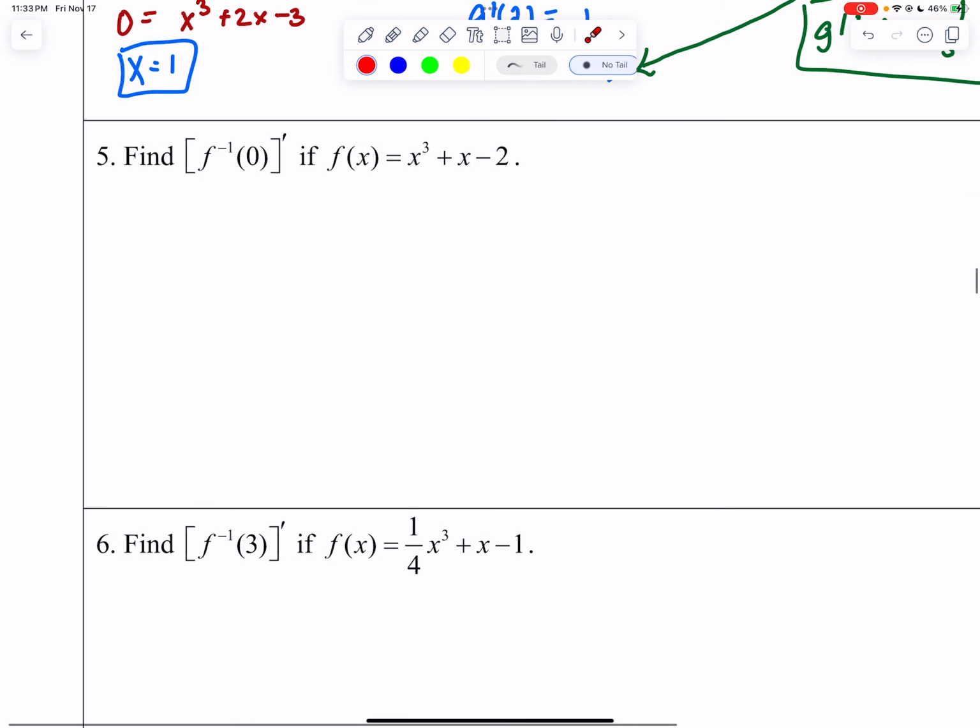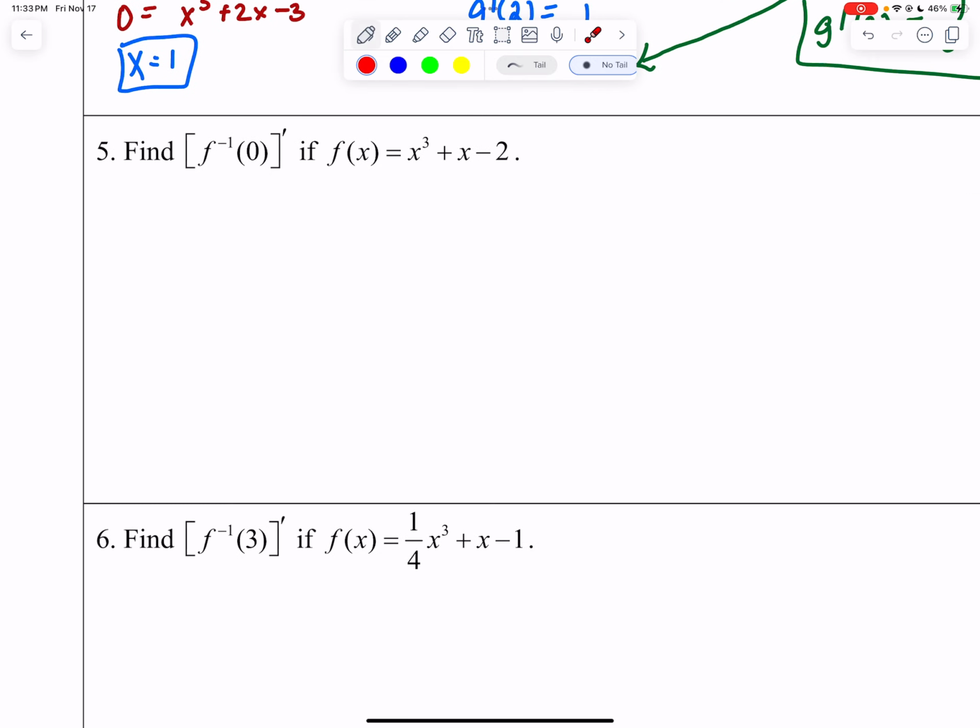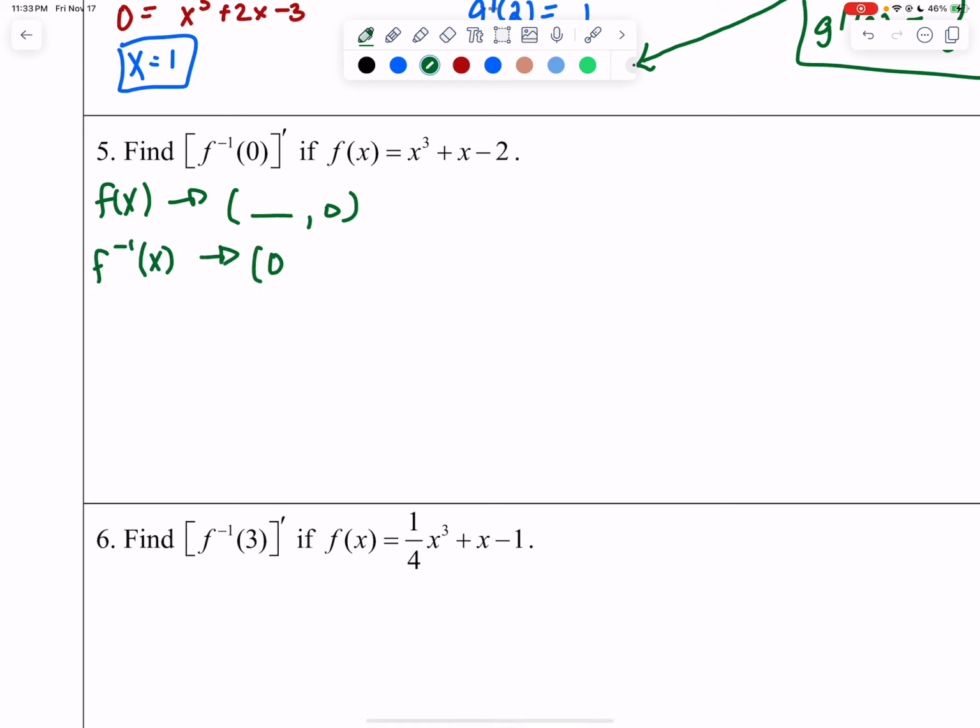All right, same thing for number 5, very similar. This is going to tell me that f of x has a y value of 0, and then we don't know what the x value is. Whereas f inverse has an x value of 0, and then we don't know what the y value is.